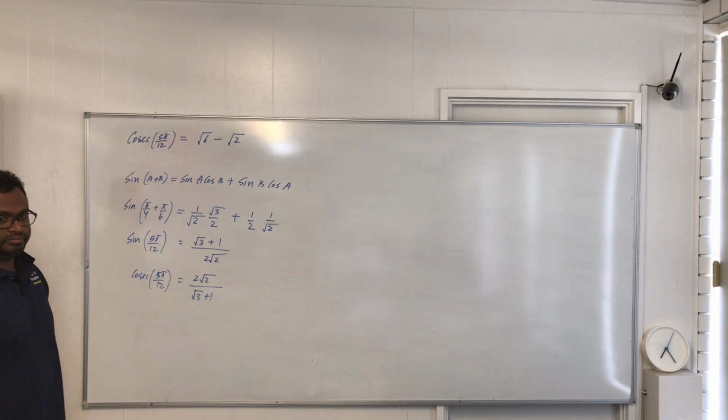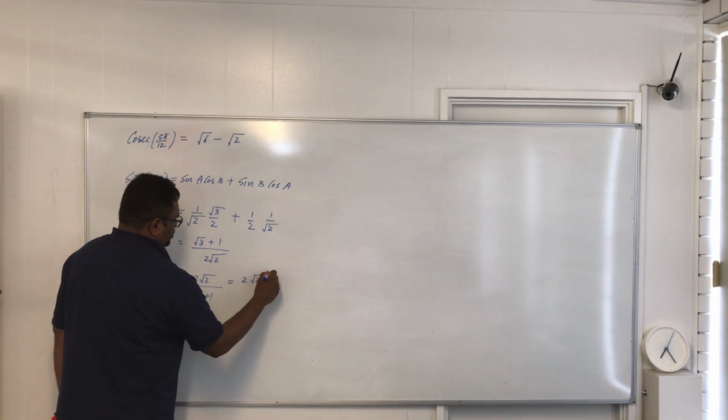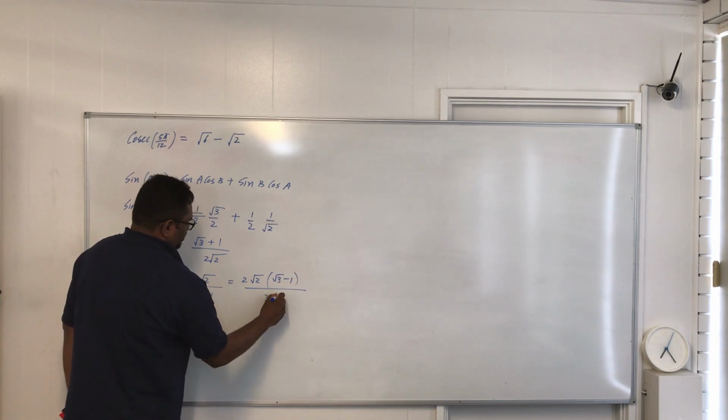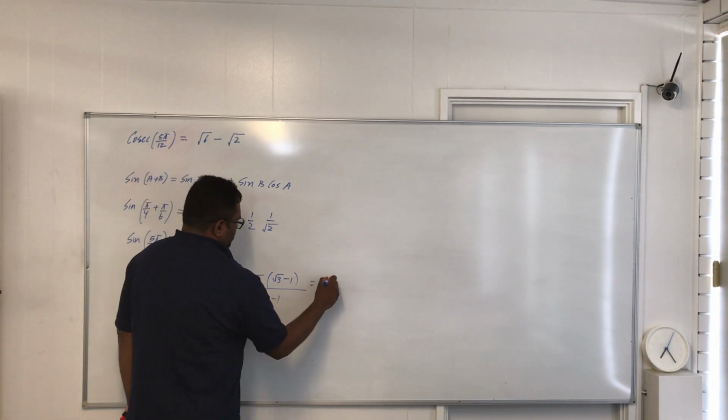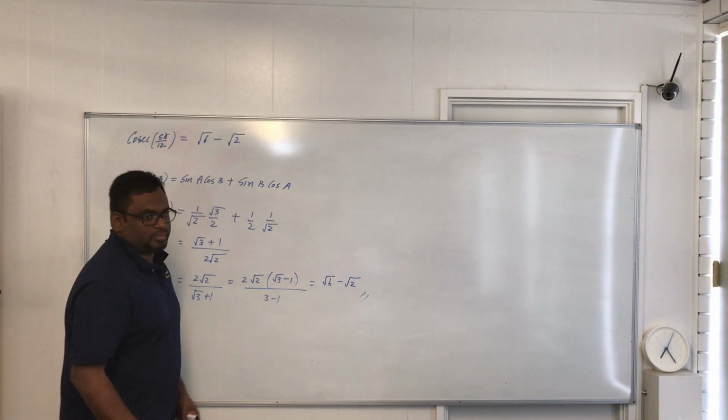Then what? Rationalize the denominator. So multiply by square root 3 minus 1. The denominator is going to be 3 minus 1, which is 2. So it's going to be square root 6 minus square root 2.